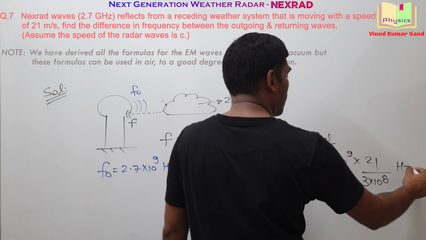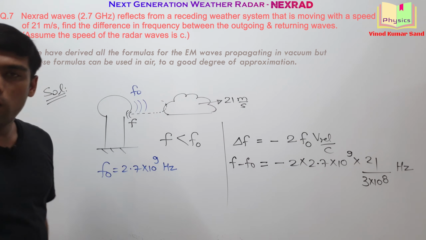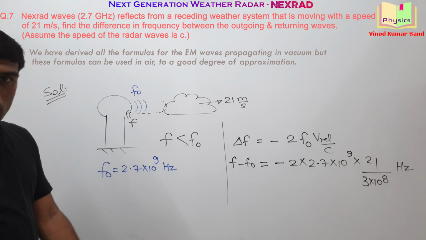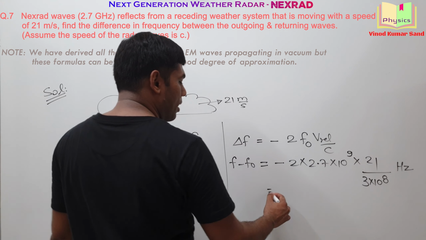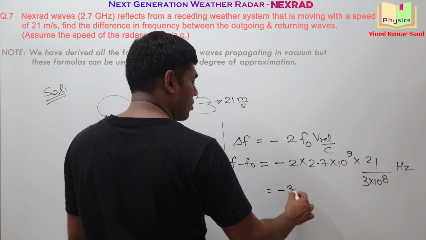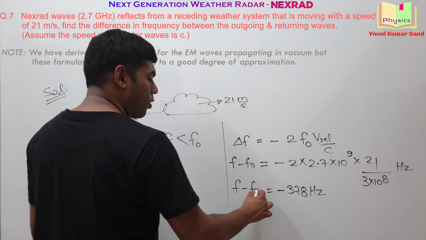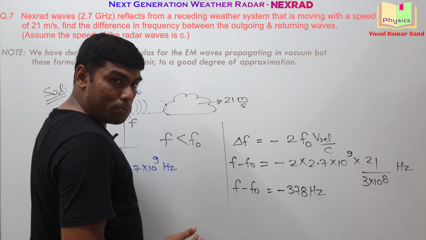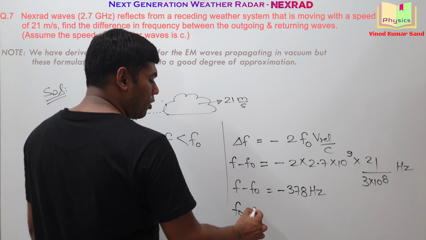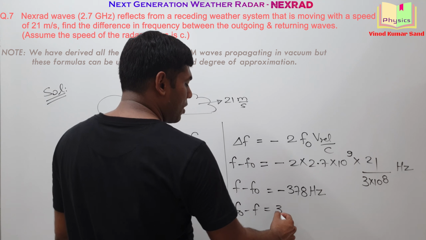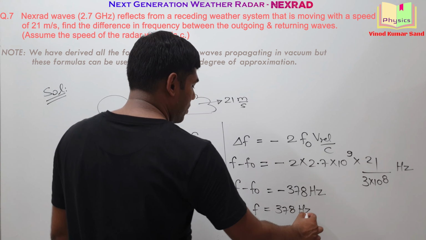And here you get the unit hertz. When you do the computation, this will come out as minus 378 hertz, f minus f0. Or if you want to write the positive data, f0 minus f will be equal to 378 hertz.